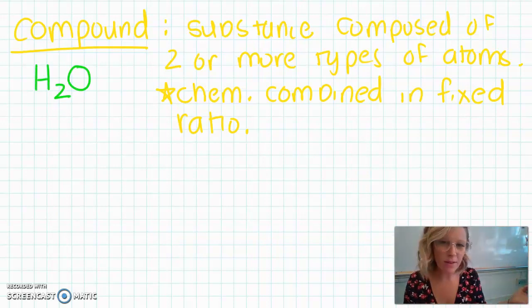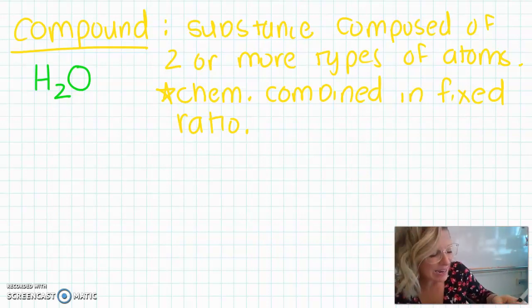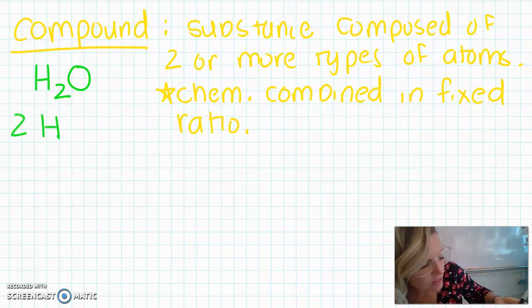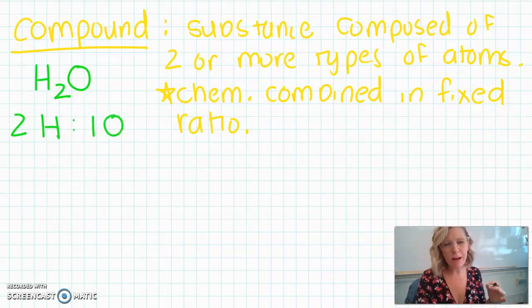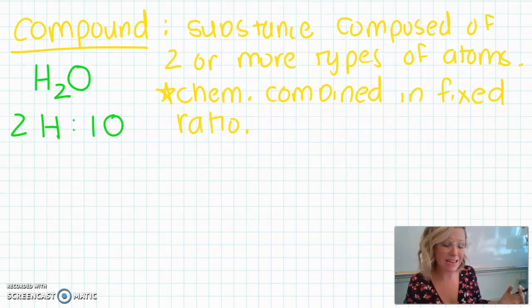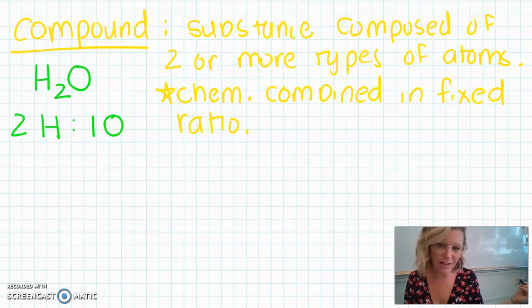Anytime you have a water molecule, you turn on your faucet at school, you turn on the faucet at home, we're getting the water, and it has two hydrogens for every one oxygen. It's also possible to have compounds made of something that is not a 2-to-1 ratio. For example, hydrogen peroxide, which is going to be a 2-to-2 ratio, 2 hydrogen for every 2 oxygen.